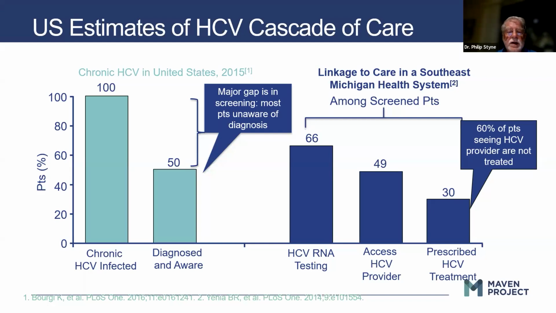And by losing those patients, we lose opportunity to rid the patient of their hepatitis C and also reduce the burden of hepatitis C in the community. So the reason that I want to give this talk is because I want to encourage primary care providers to treat uncomplicated hepatitis C. Next slide, please.